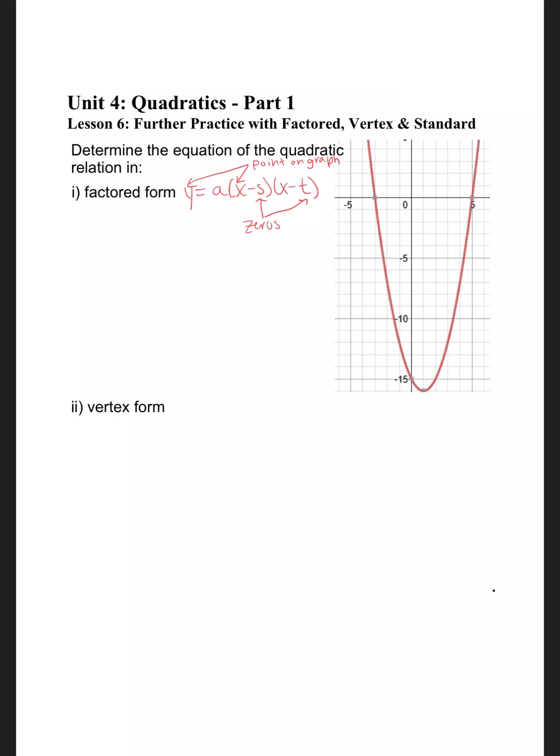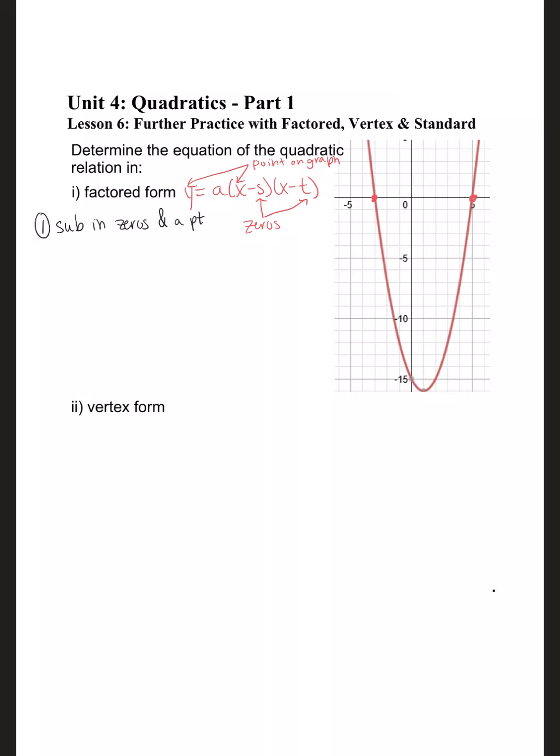So let's write some steps for this. Step 1, we're going to sub in zeros and a point.